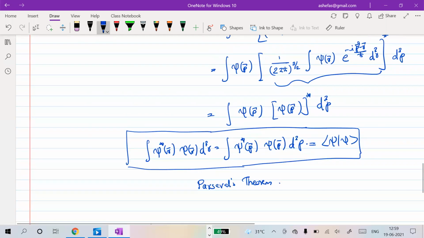Okay, so with this, we can stop the discussion on the connection between position basis and momentum basis. In the next lecture, I'll be discussing how we can represent the momentum operator and position operator in these two bases.